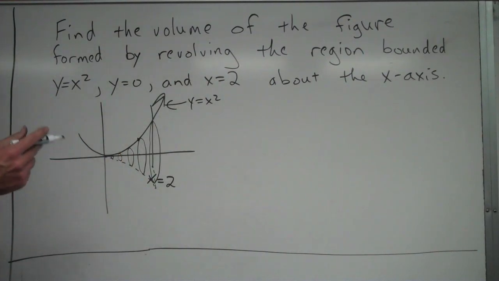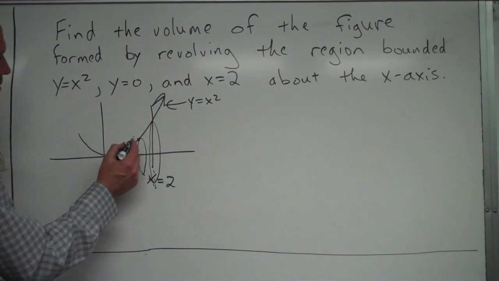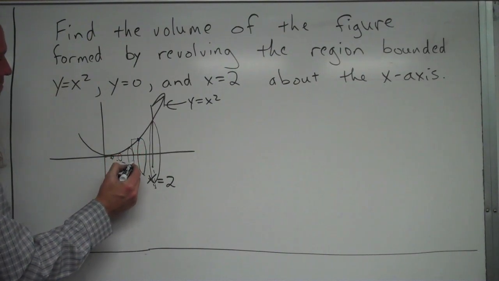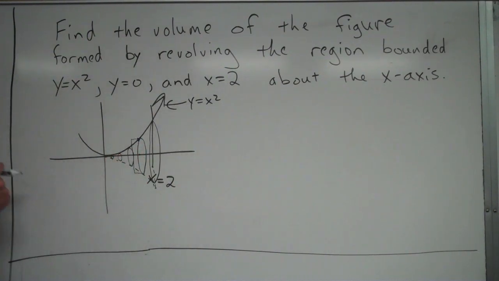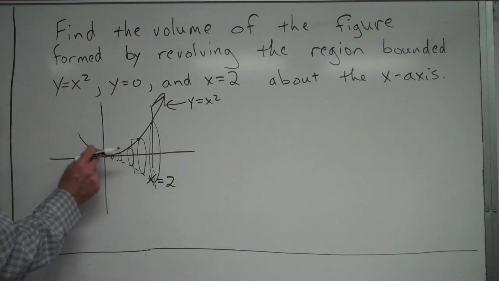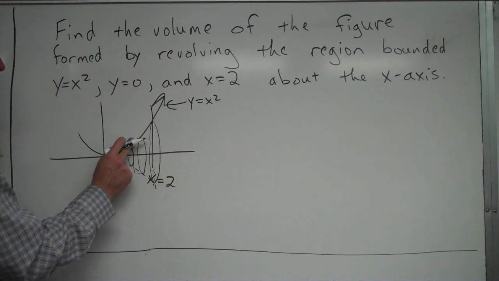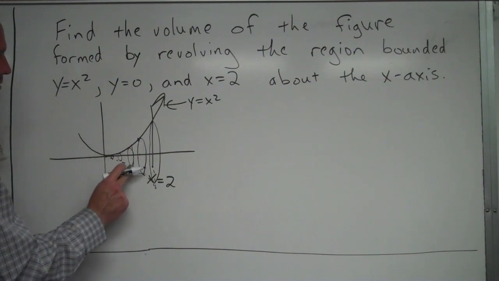Like when we originally did area under a curve, we used rectangles to approximate. Well, you could actually make cylinders like that, and that's a horrible drawing of the cylinder, I apologize, to approximate the volume here. I'm going to refer back to that in a minute when we look at our integral, as to what part of that integral represents.